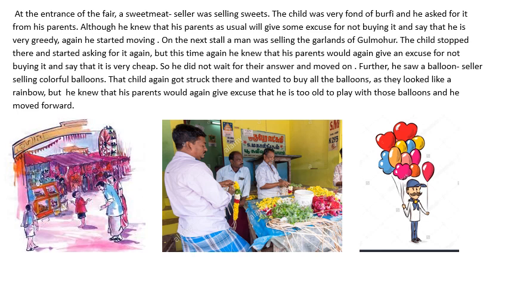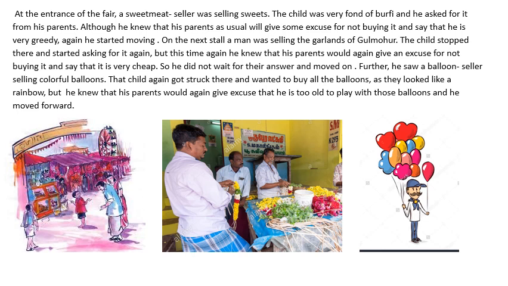At the entrance of the fair, a sweetmeat seller was selling sweets. The child was very fond of barfi and he asked for it from his parents, although he knew that his parents, as usual, would give some excuse for not buying it and say that he is very greedy. Again, he started moving.